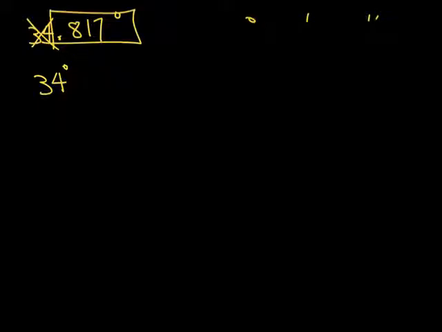Remember when we were changing minutes to degrees in the last one, we divided by 60. Now we're changing degrees to minutes. So we're going to take our 0.817, and since we're changing decimals to minutes, we multiply by 60.